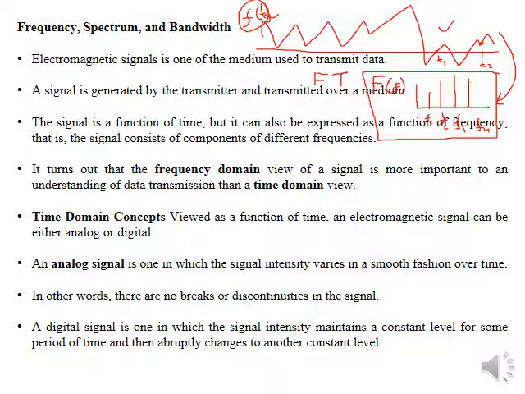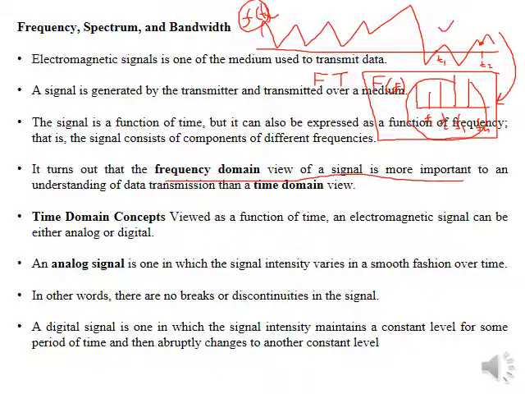So in one domain we miss the frequency parameter, and in another domain, like frequency domain, we miss the time parameter. So this is some sort of a similar problem faced by a German scientist, Heisenberg uncertainty principle.